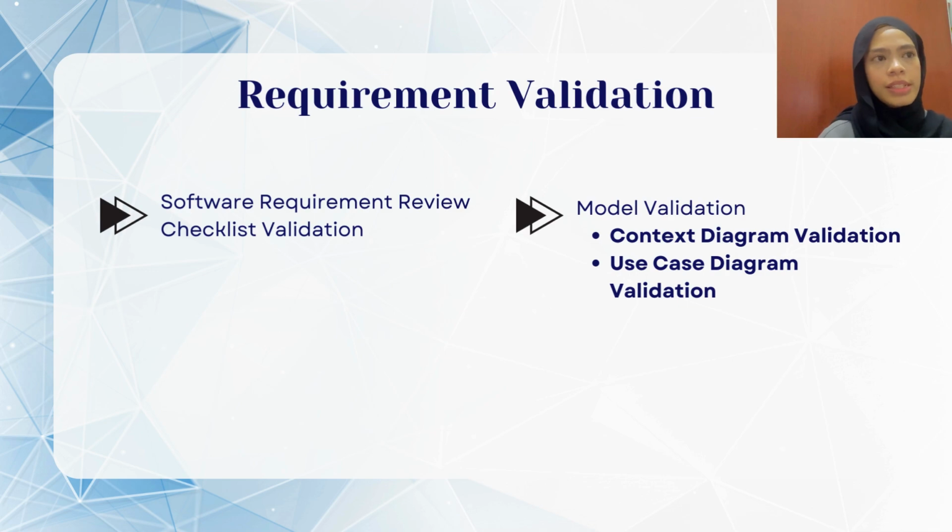So the second one is the model validation. The venue management booking system was carefully validated to guarantee that it represented its function and was included without any conflicts or inconsistency. The system context diagram was validated to verify that it portrayed system interaction, including those with external entities such as users, venue owners, and the administrator.